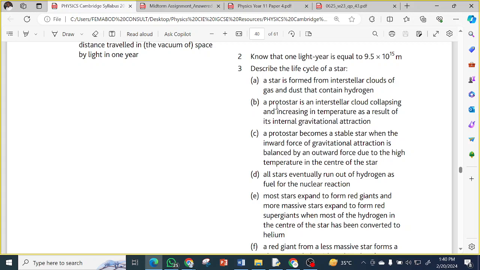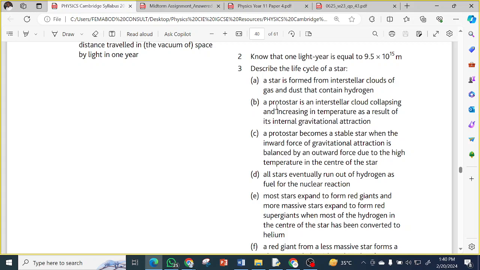Then a protostar is formed when the dust and particles continue to move because of gravitational attraction. Then when the gravitational attraction is balanced by an outward force as a result of the increasing temperature, what we have is a stable star. Remember, in a stable star, the hydrogen is available to fuel the nuclear reaction, which forms helium.